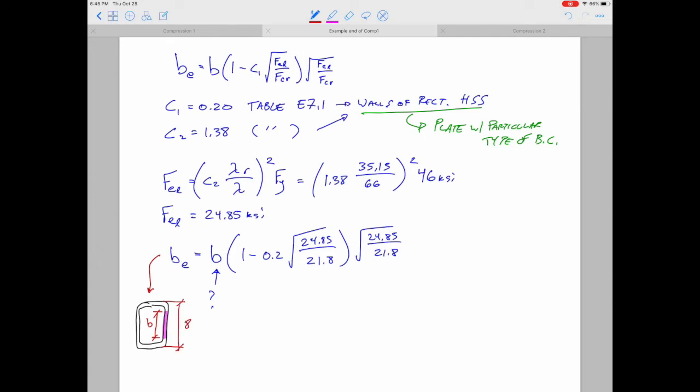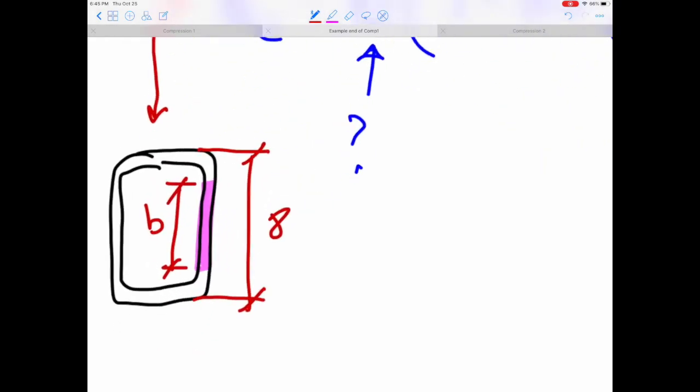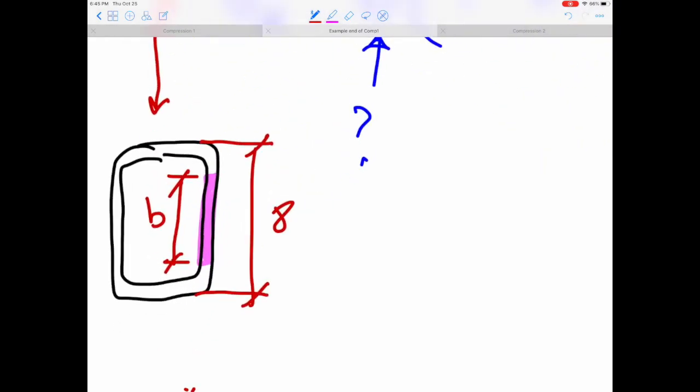Okay, so I need to figure out what b is. This one is 8. If I zoom in here, I can see that this is t, and then when I turn the corner, if I draw a little nicer here, what we're measuring is the flat area.